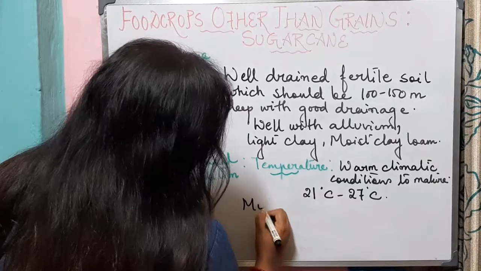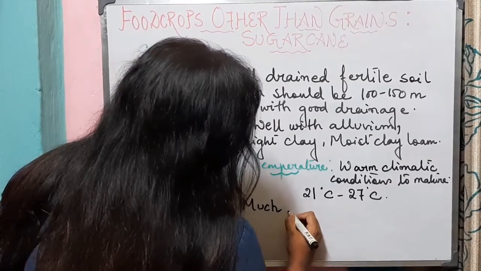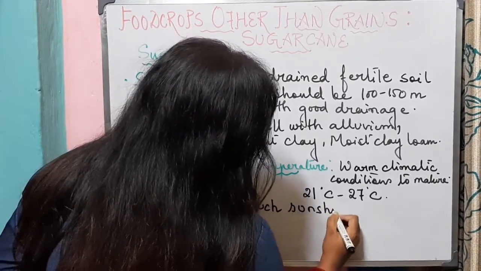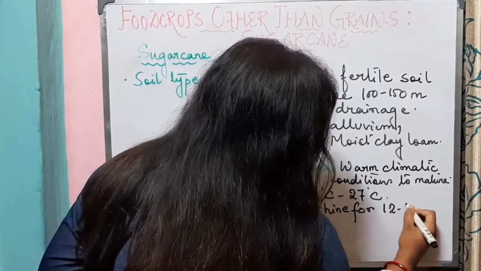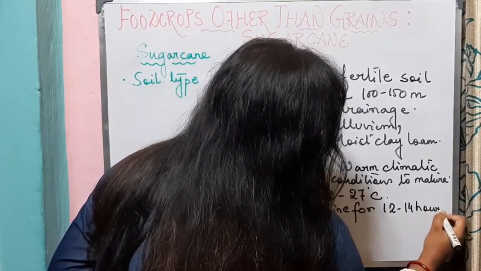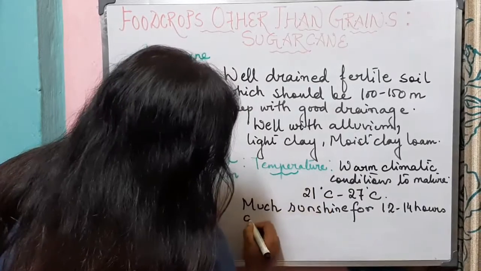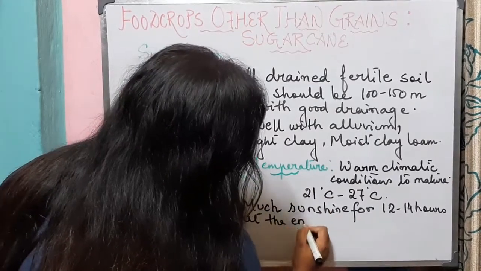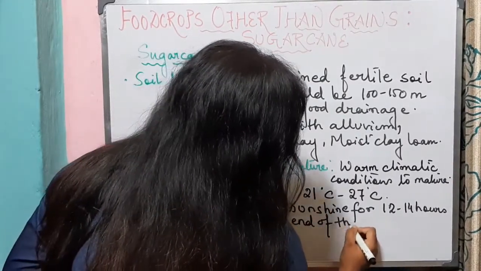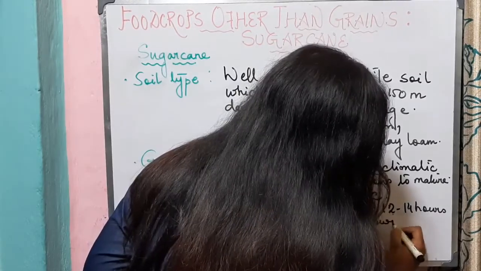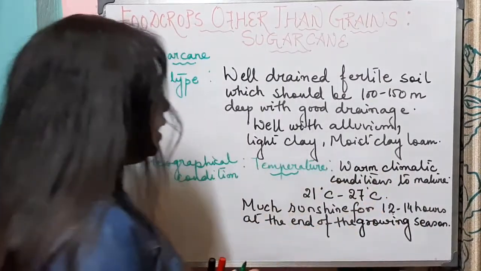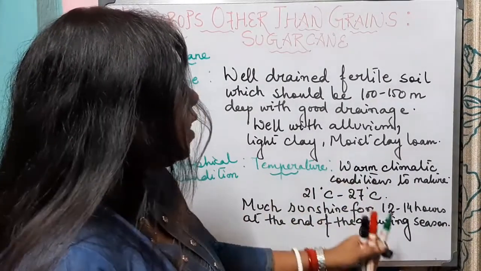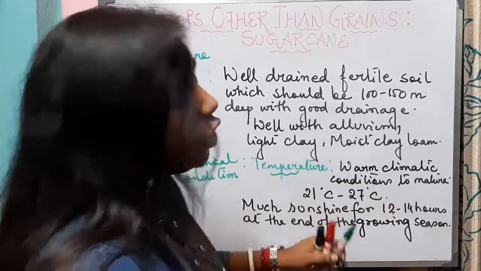The most important thing is that it needs much sunshine for 12 to 14 hours at the end of the growing season.